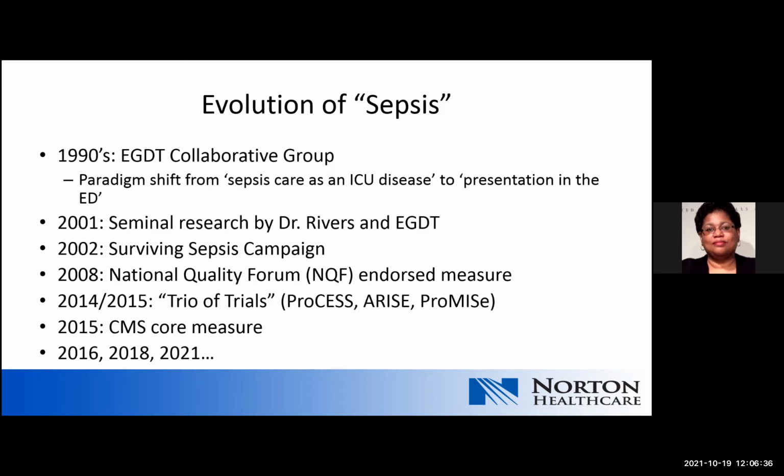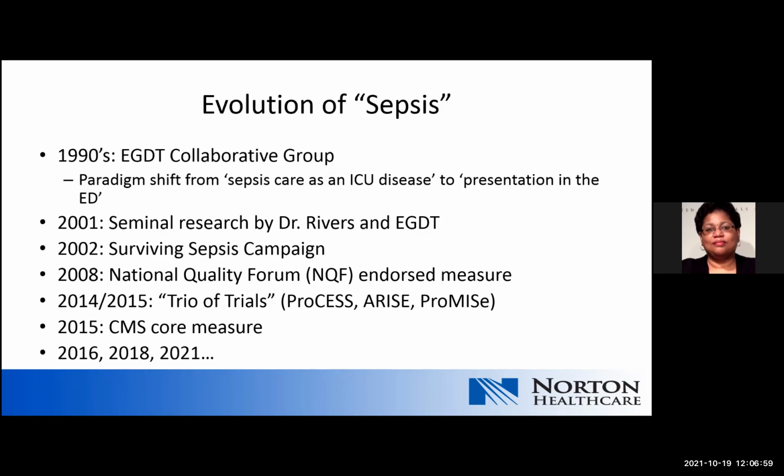We're going to start in the 1990s when the early goal-directed therapy collaborative group put forth the paradigm shift or the concept that sepsis care is not an ICU disease, but really we need to be thinking of it as presentation in the emergency department. So in the 1990s is when we really started to flourish and see a lot of that research coming out.